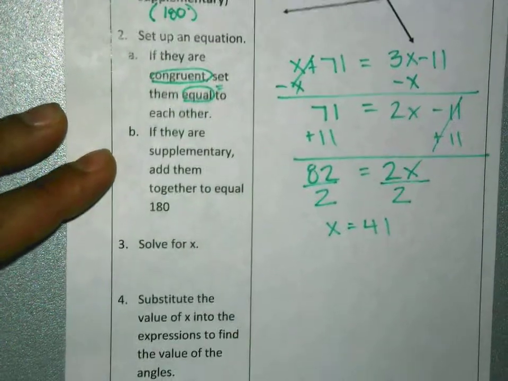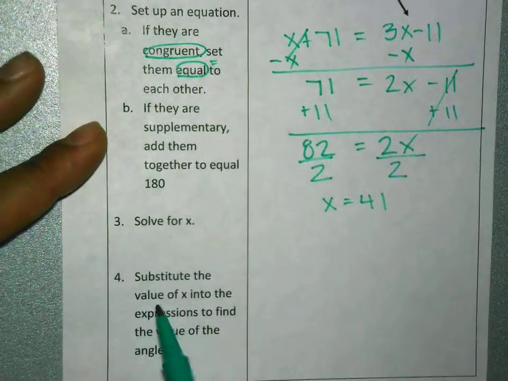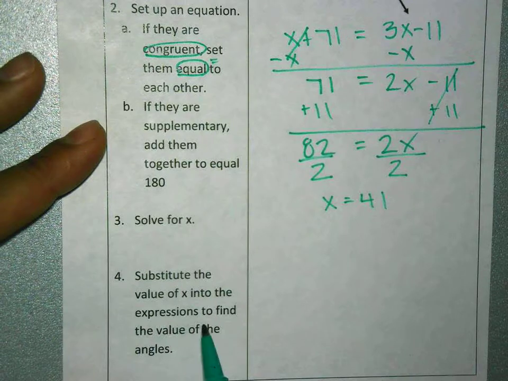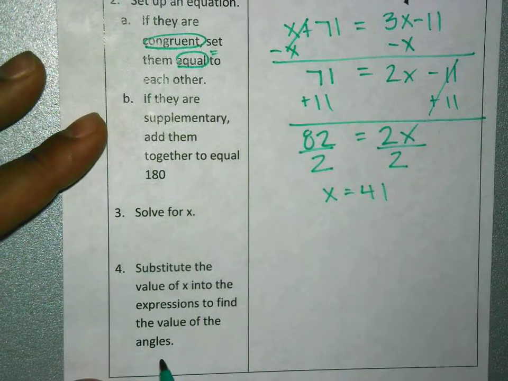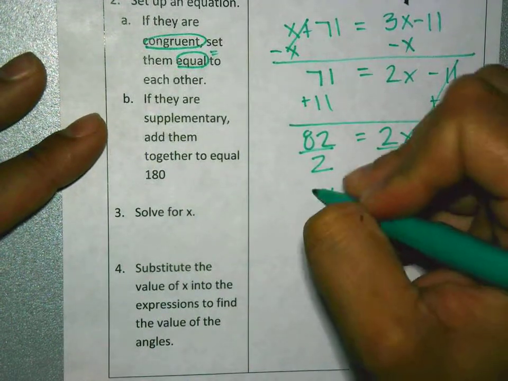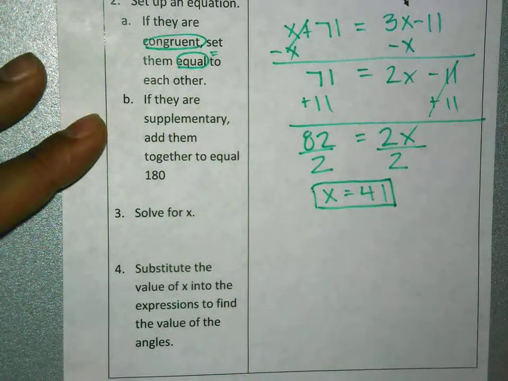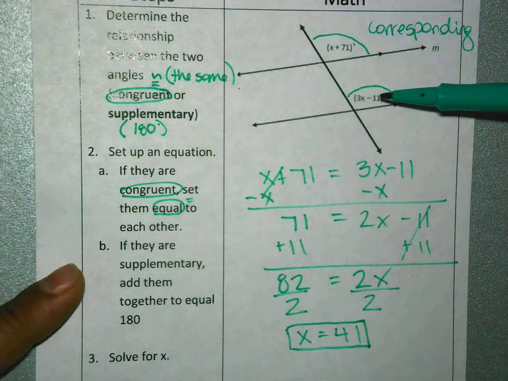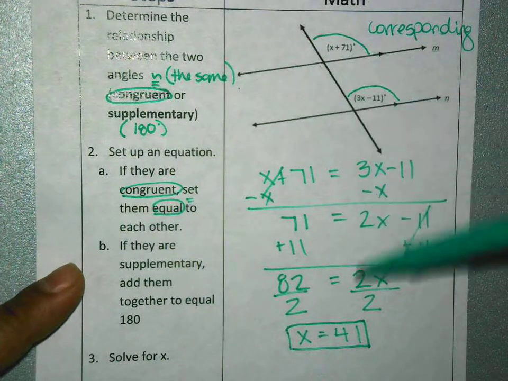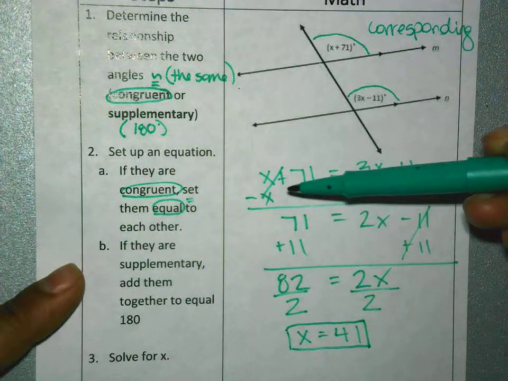I'm now going to substitute the value of x into the expressions to find the value of the angles. So we found x, but we did not find the angle measure. So to find the angle measure, I'm simply going to plug 41 in for x and solve.